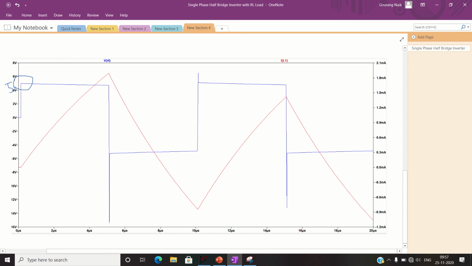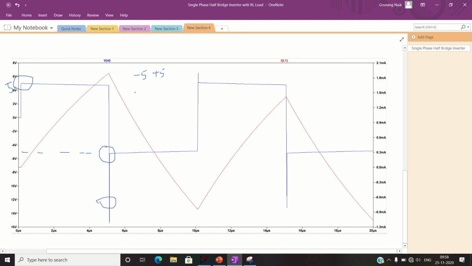It is between 4 and 6, so it is around 5 volts. And on the negative side, it is between -4 and -6. Then there is a spike here. The spike comes whenever you are switching. Because of the switching it comes. So you can say the voltage is between -2 and +5.